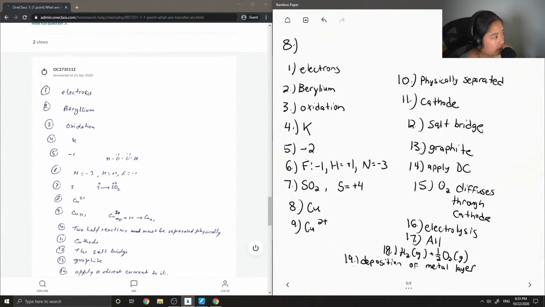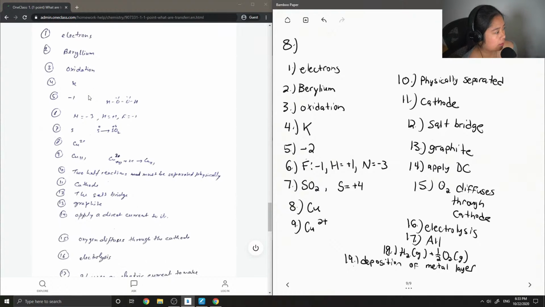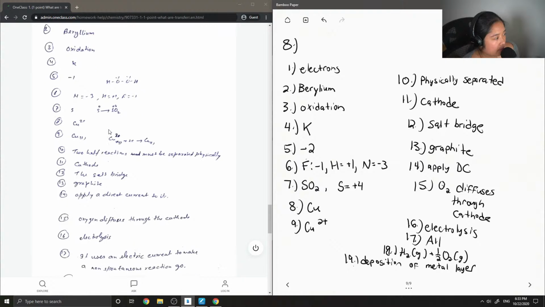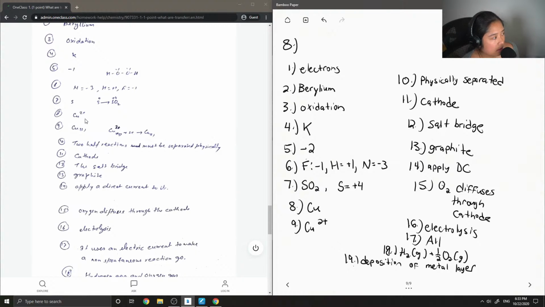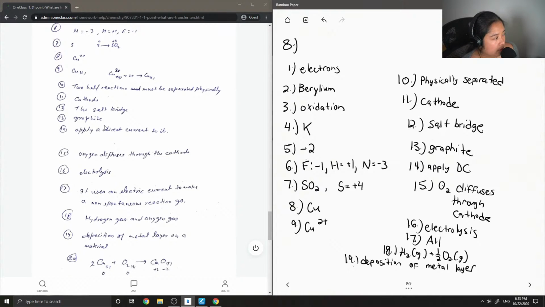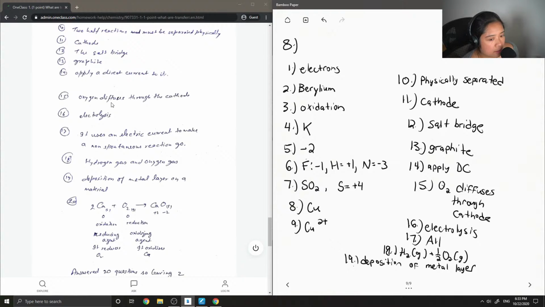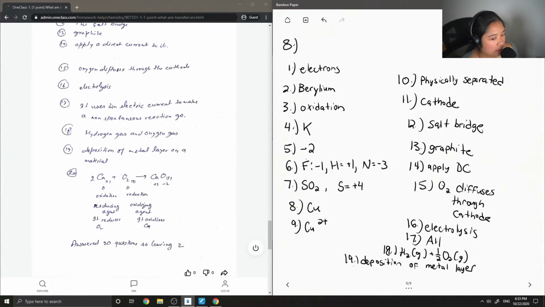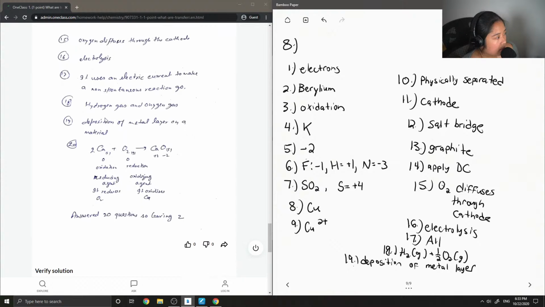So let's see, electrons, beryllium, oxidation, K. I think they did the oxygens in a peroxide. -3, +1, -1. The sulfur, copper. Separated physically, cathode, salt bridge, graphite, direct current. Oxygen diffuses through the cathode, electrolysis. Okay, so yeah.